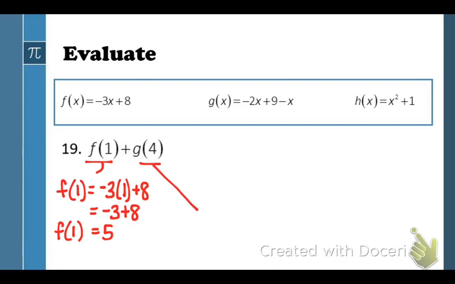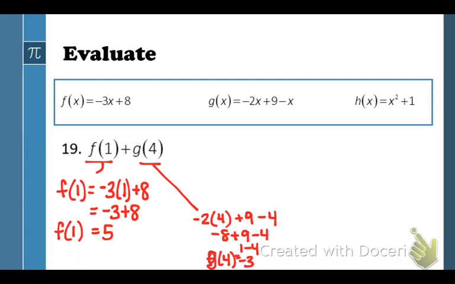In the g function, I'm going to replace x with 4. So negative 2 times 4 plus 9 minus 4. That's going to be negative 8 plus 9 minus 4. 1 minus 4, that's negative 3. Yes? So g of 4 equals negative 3.